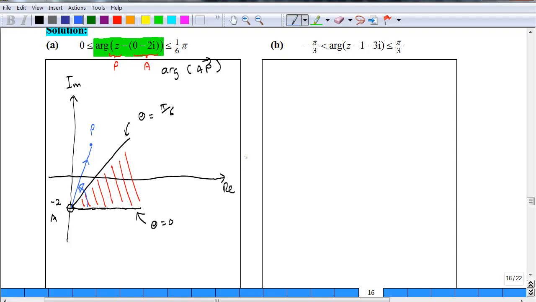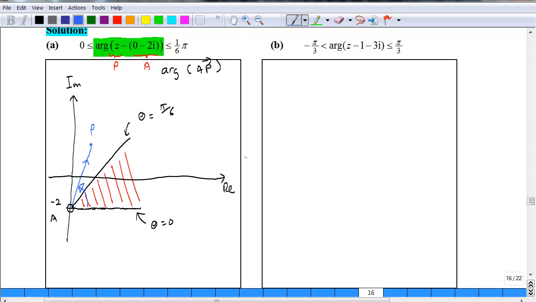Is it obvious to you that this angle is actually outside the angle defined in the inequality? Yes, so you wouldn't want to choose that region to represent the points that represent the complex number z. That's why we shade the region in between the two lines that I've drawn here in red.